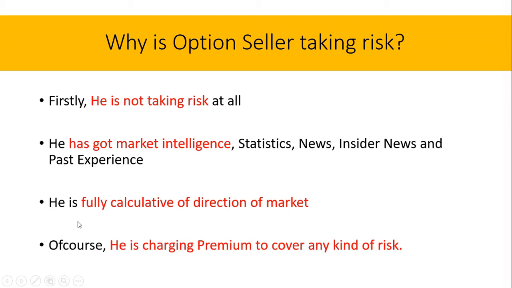Because of past experience, of course they will be winning. So he is charging premium to cover any kind of risk. They receive the premium from the market as a seller. So basically the seller is a very intelligent person or intelligent entity which is taking risk but receiving premium in advance.